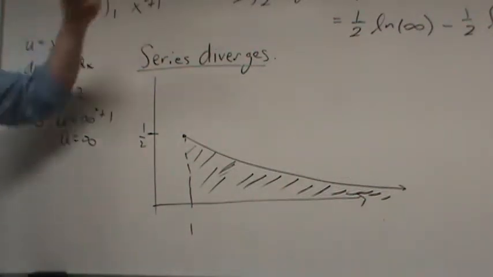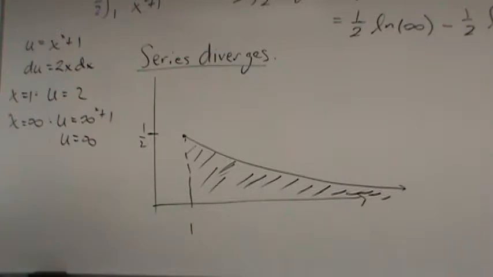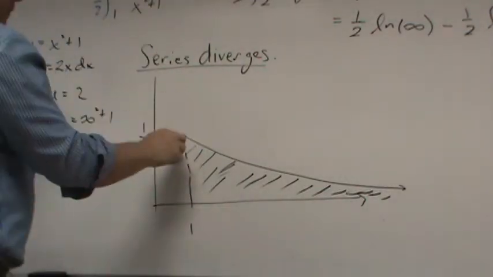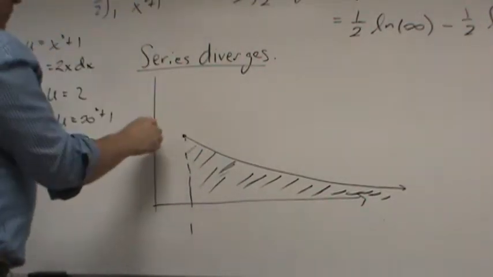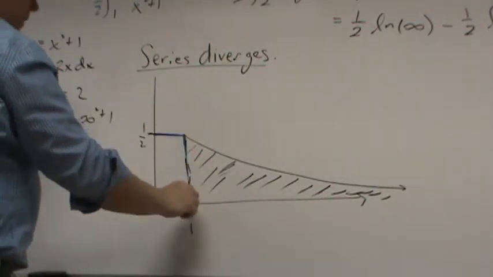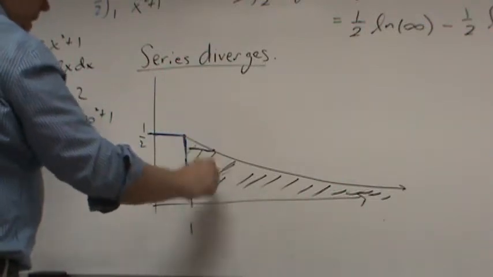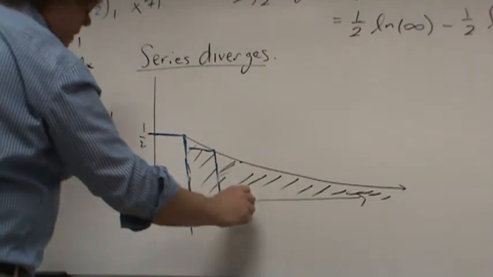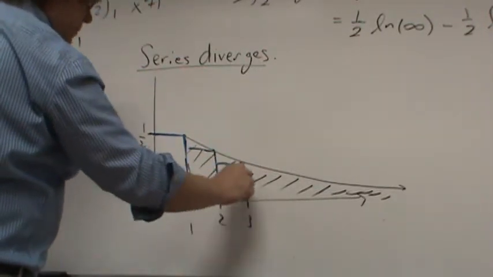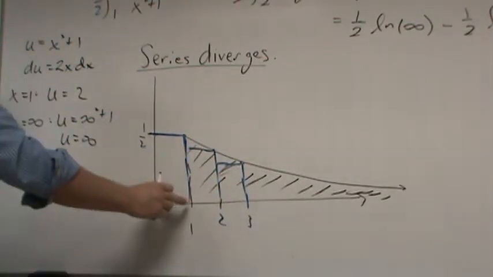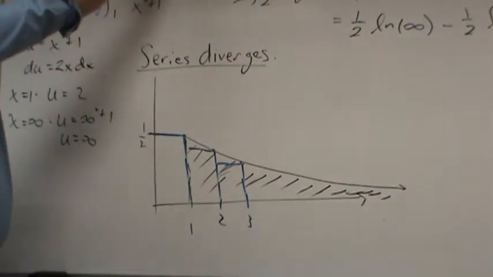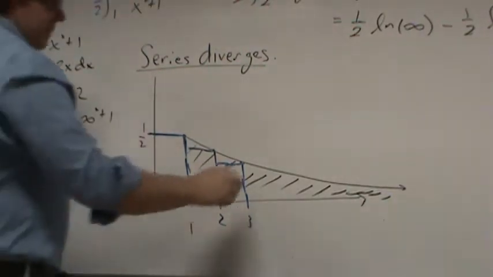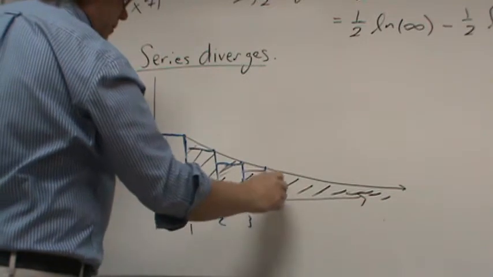The series is just adding a bunch of rectangles. The first rectangle is this guy, the next rectangle is whatever f of 2 is, the next is whatever f of 3 is. The area of this rectangle, 1 times a half, is the first term, and so on. You see what I mean?